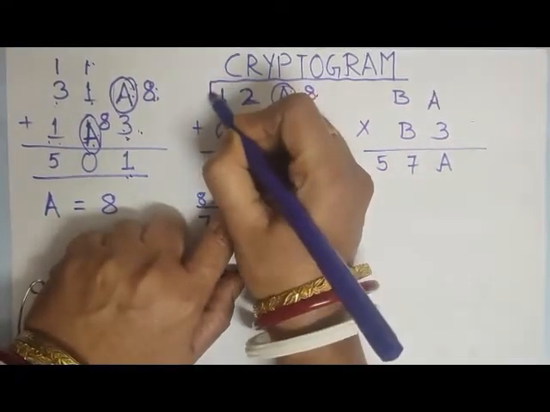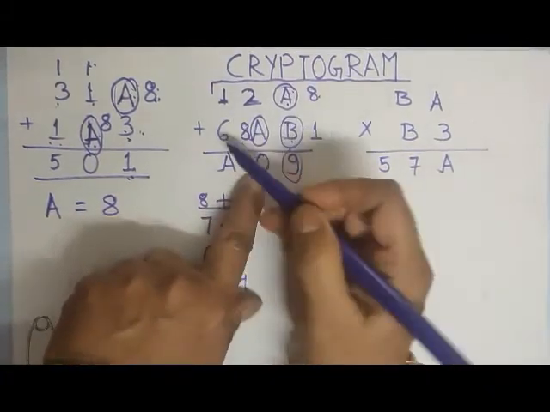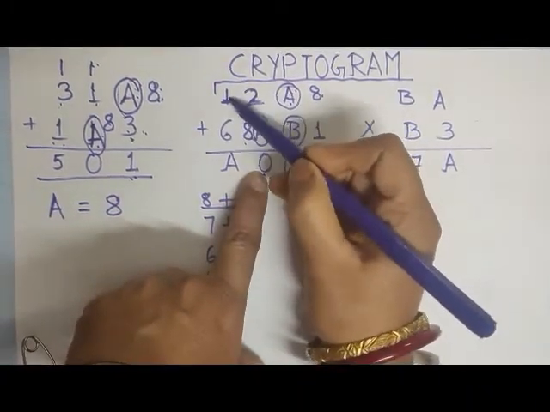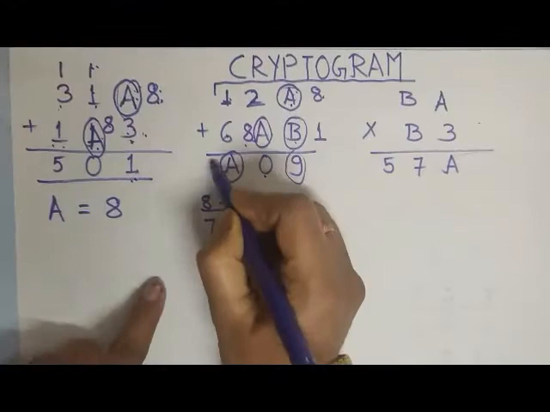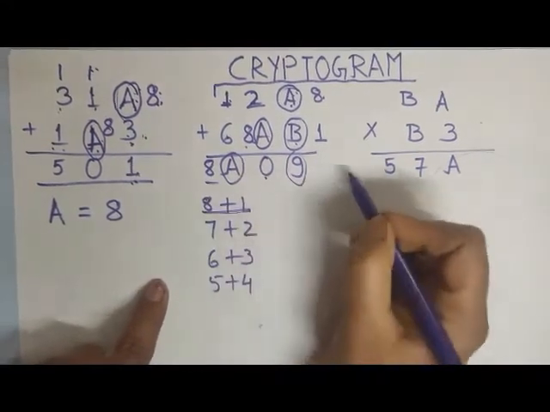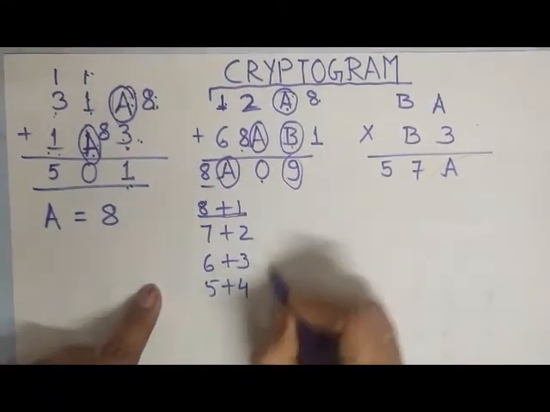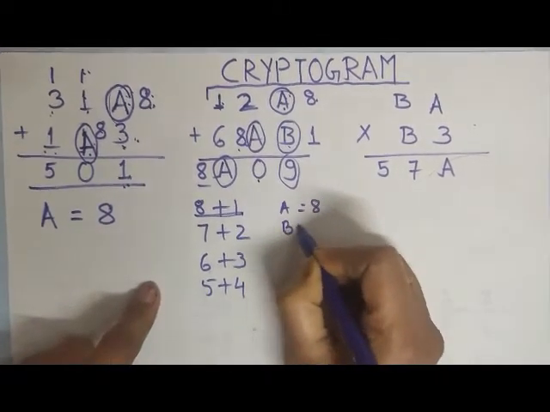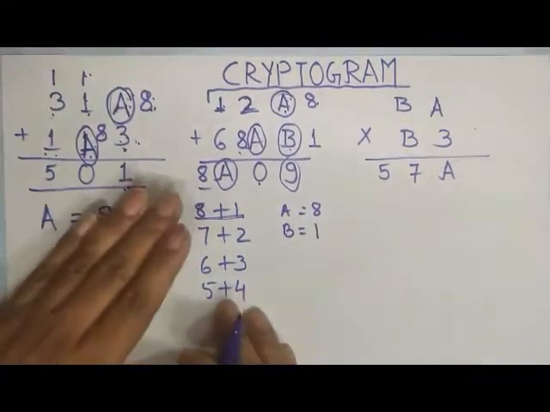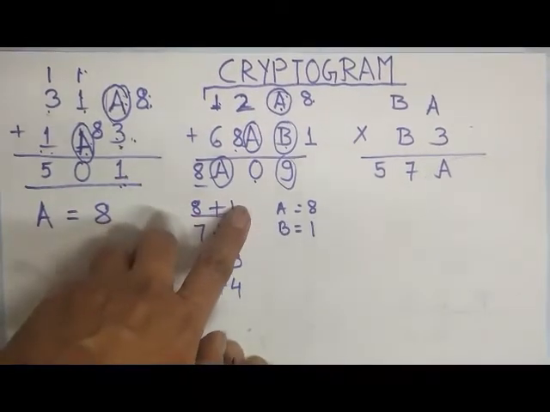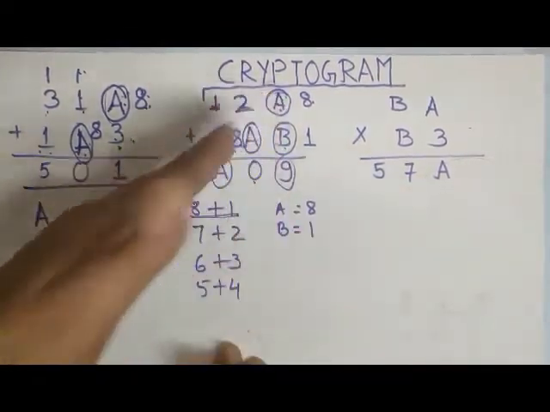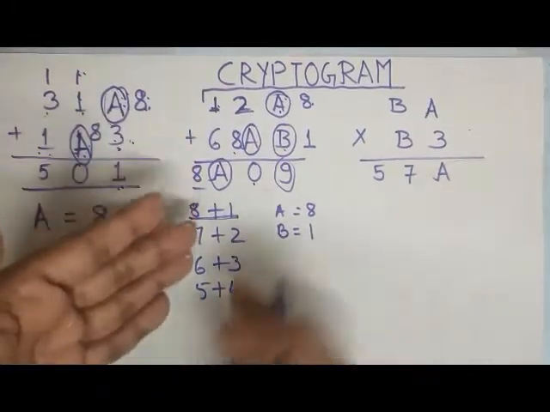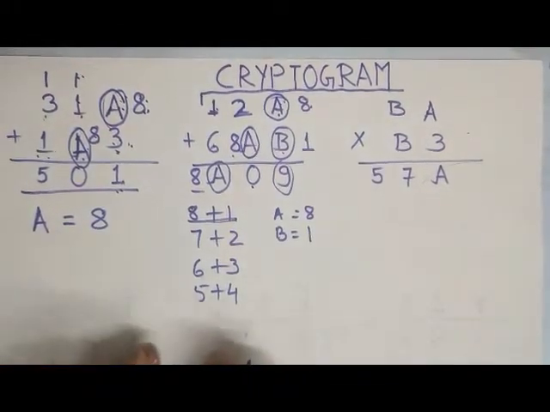That 1 is again a carry. Now we have 6 plus 1, 7 plus 1, and this also gives 8. So you got A equal to 8 and B equal to 1. Suppose 8 and 1 do not fit in that question, then we have to take the further options also.